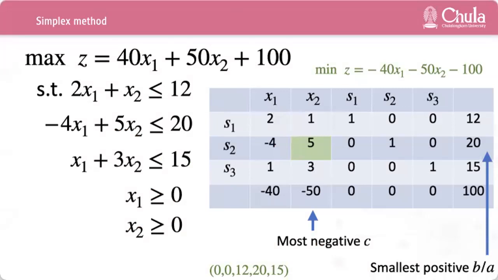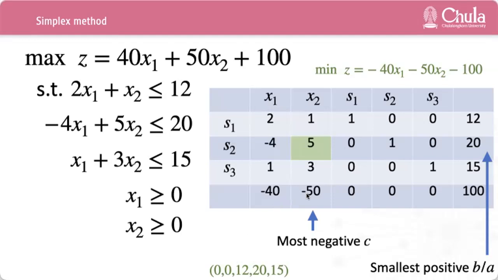So you see that if we want to improve our objective function, because we want to minimize minus 14x1, minus 15x2, minus 100, right? Actually, we don't have to deal with any constant like 100. But you see at the beginning, at the initial point, we have x1, x2 as our non-basic variables, and we set all the non-basic variables to be 0, right?